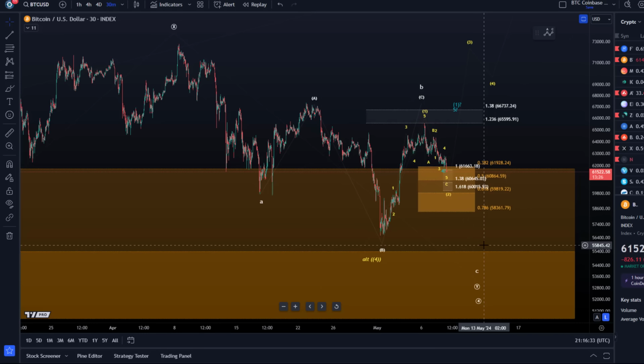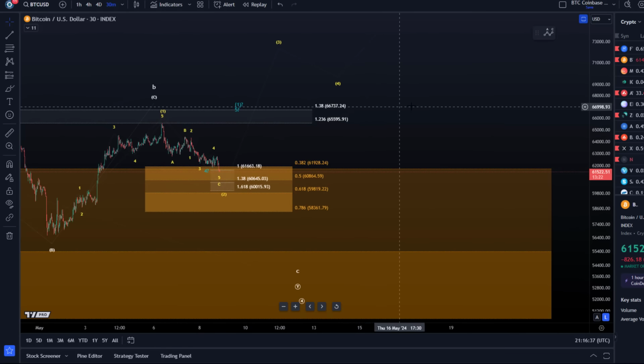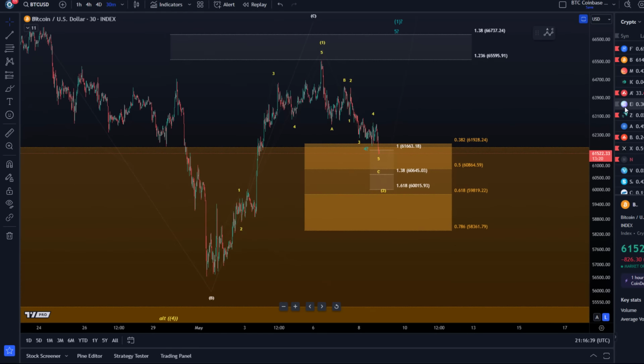For now, we have moved into the support region. If I zoom in a little further, we are looking at the next fib level that could offer support. This one already offered some support around 61,900. The next cluster of support is around 60,860 and 60,645, then around 60K and then 58.3K. There is not much more to add, because these are the levels that Bitcoin needs to hold.